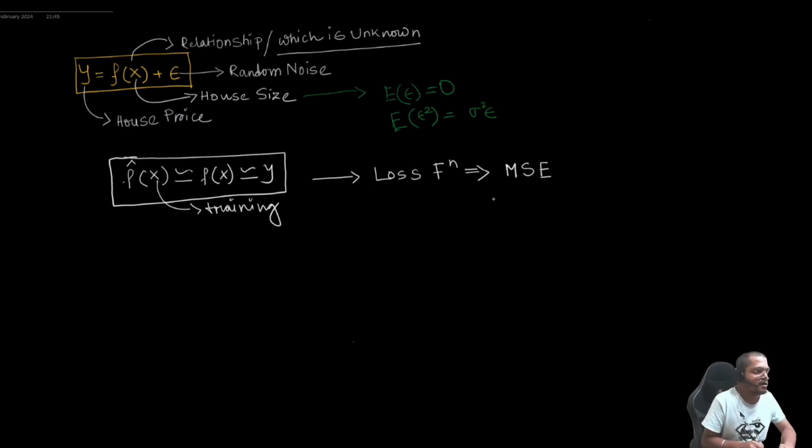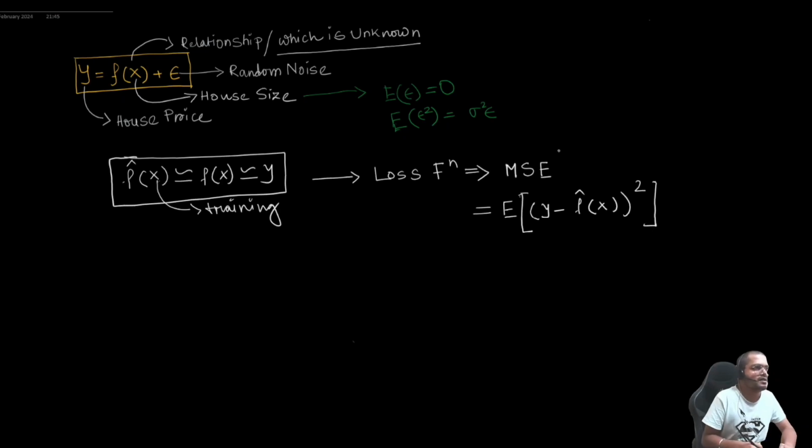In our case, the mean squared error equals E, the expectation value, which you can think of as the average value, of y minus f hat of x, whole squared.